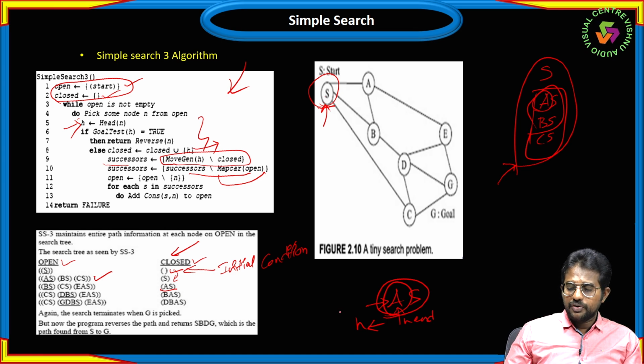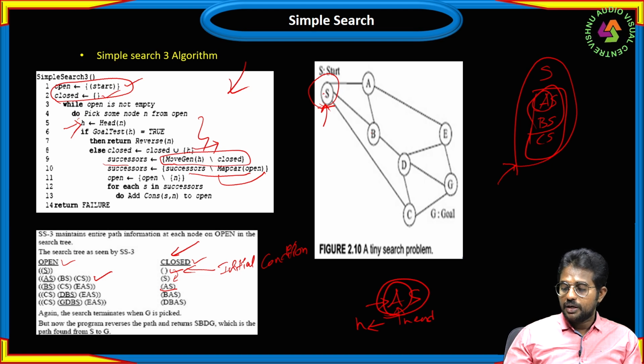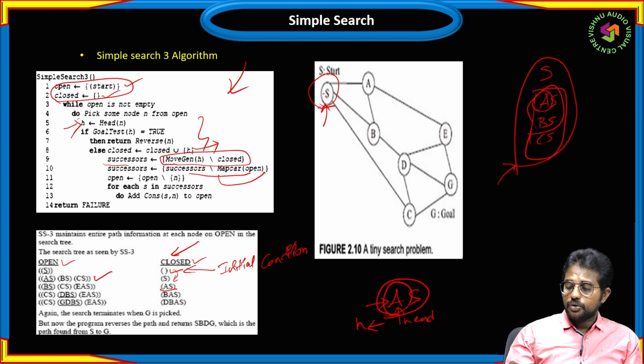Next I will apply the move-gen function on A. If I apply move-gen on A, S, B and E will be the output. S is already in closed, so it is ignored, and B was already in open, so it is also ignored.